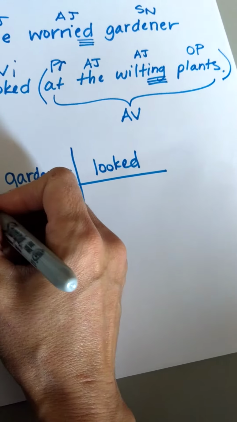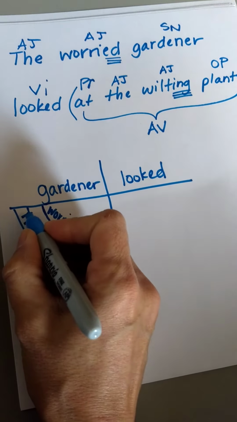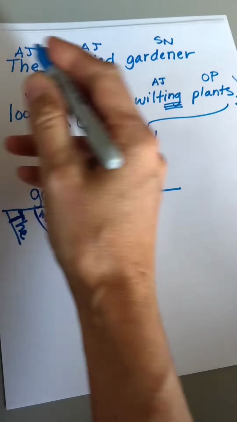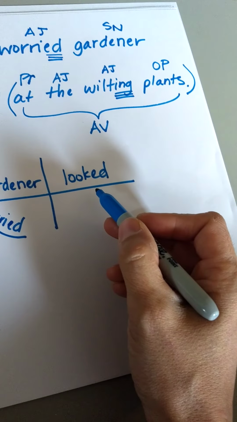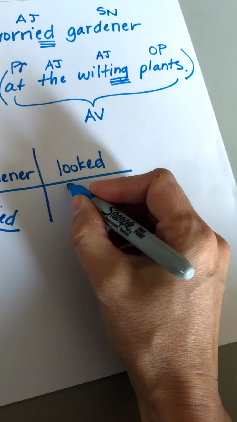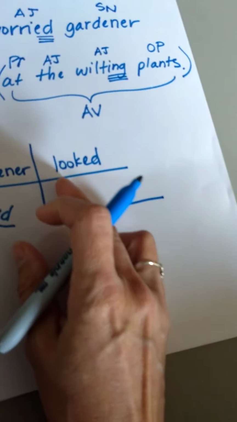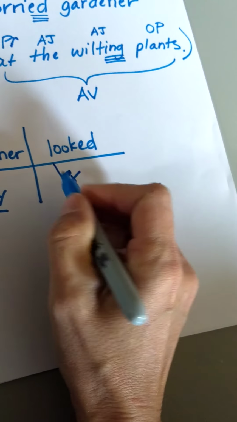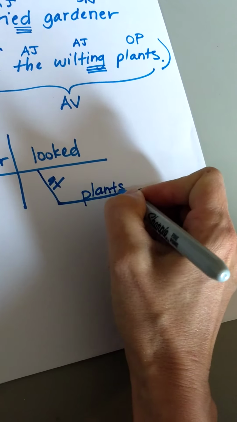If you like to put things in order, we can put the before it. The should remain a capital because it is the beginning of the sentence. Looked. Then we have at the wilting plant. So that is going to be prepositional, so I'm going to make my prepositional line. Preposition goes on the diagonal. Object of the preposition goes on the bottom.